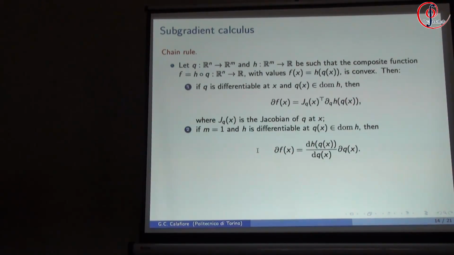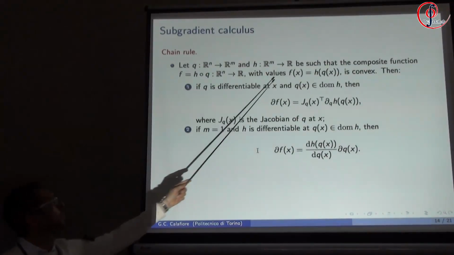Everybody knows that for derivatives we can use chain rules, and there are also analogous chain rules for subdifferentials. I don't want to enter into the details, but I will give just a couple of examples of these rules for computing the subdifferential of a composed function.